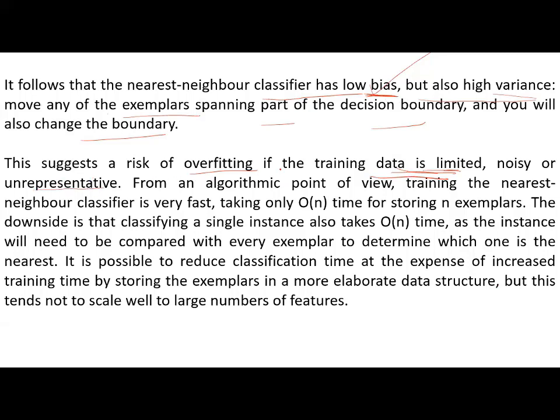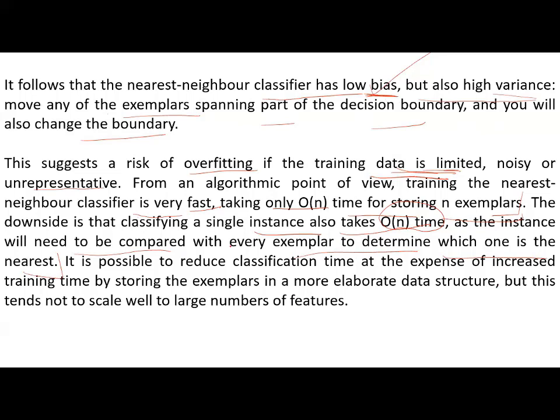From an algorithmic point of view, training the nearest neighbor classifier is very fast, taking only order of n time for storing the exemplars. The downside is that classifying a single instance also takes order of n time, as the instance will need to be compared with every exemplar to determine which one is nearest.